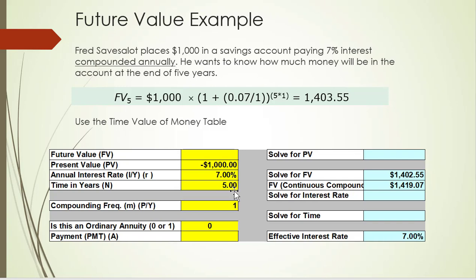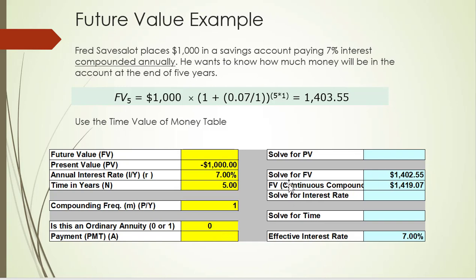7% interest, 5 is years, compounding frequency is 1. This isn't an ordinary annuity, it's a lump sum question, but we do have to remember that typically this cell will always be 0. It implies cash flows occur at the end of the period.